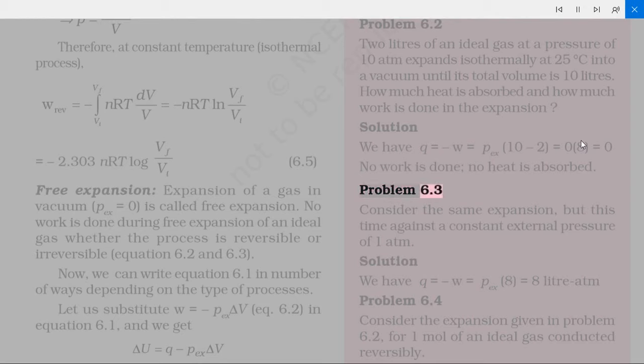Problem 6.3. Consider the same expansion, but this time against a constant external pressure of 1 atm. Solution: we have q = -w = p_ex ΔV = 1 × 8 = 8 liter atm. Problem 6.4. Consider the expansion given in problem 6.2 for 1 mole of an ideal gas conducted reversibly.